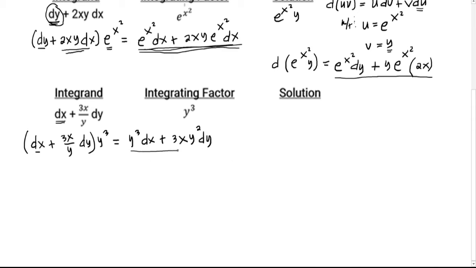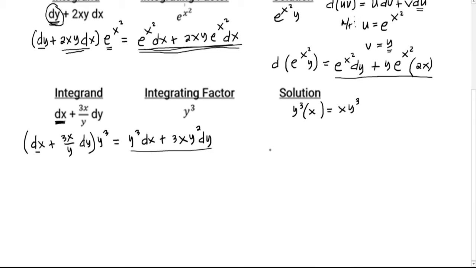This is again an exact, and the solution for this is the integrating factor, that is y cubed, and the integral of dx, that is x. So our solution is x y cubed.